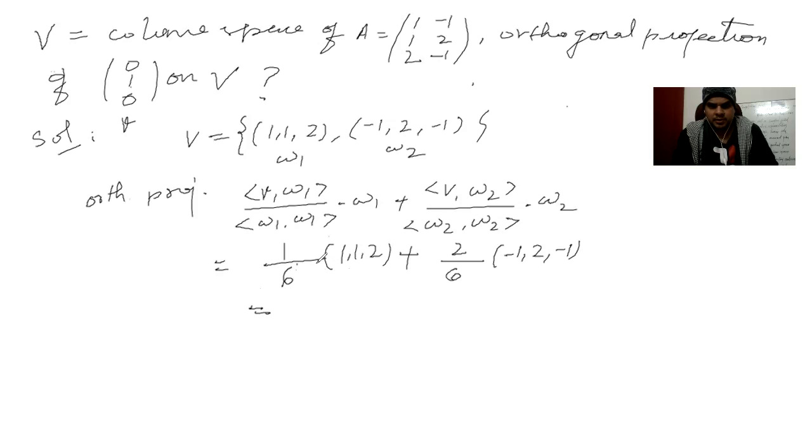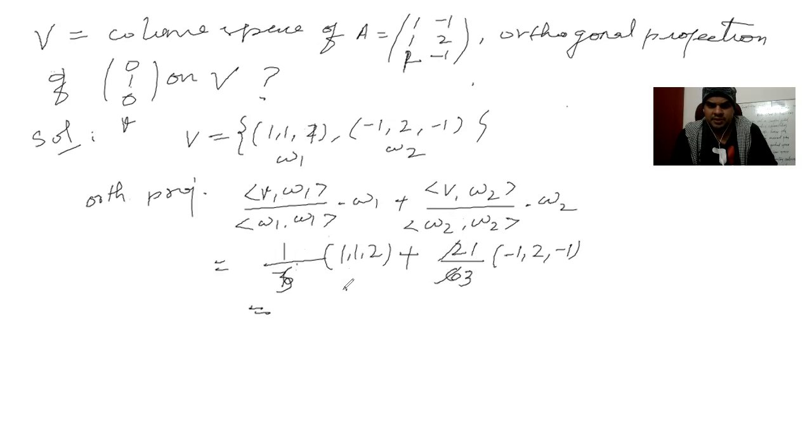So what's going to happen now? The first vector is 1, 1, 2, right? Now the first vector is 1, 1, 1 here. So if we talk about v with w1, it's going to be 1, and then w1 with w1 is going to be 1 plus 1 plus 1, so it should be 3 here. This is going to be 2 by 6 again, so it will be 1 by 3.